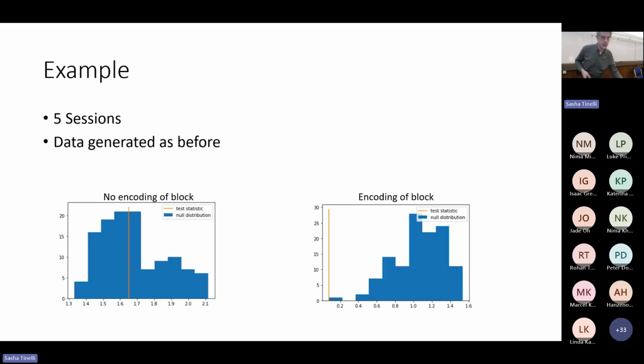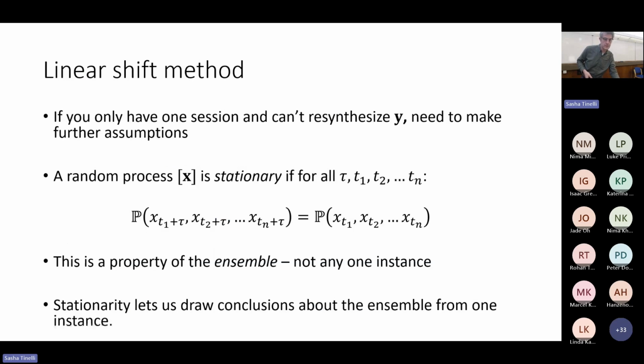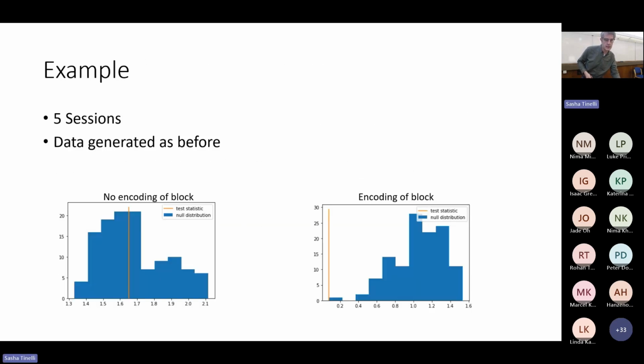So let's look at an example. Here we've got 5 sessions like we saw before. This is the case that there's no encoding of the block variable or the behavioral choices in the neural activity. You can predict the mouse's behavior from the activity of the neurons because there's a nonsense correlation, but you can't predict it any better than you can predict the behavior on another session because they're actually independent of each other.